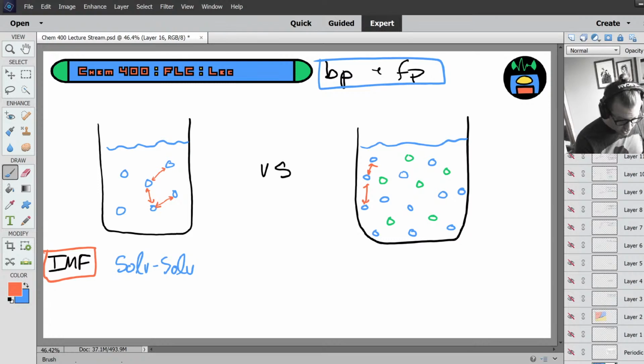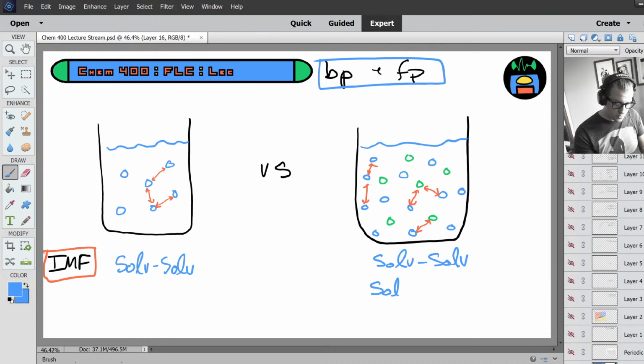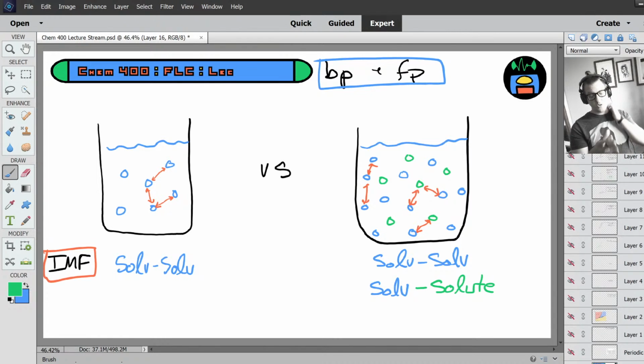But in addition, you also have the attraction between solvent molecules and the solute molecules. So you still have the solvent-solvent attraction, but now, once you dissolve the solute, there's also the solvent-solute intermolecular attraction.